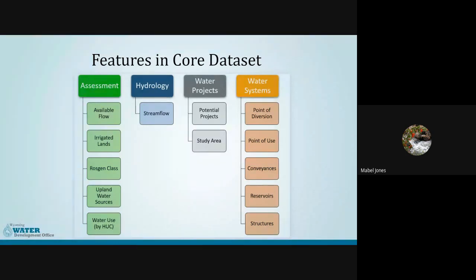This includes information on the existing network to distribute water and includes both the built environment of conveyances and structures, as well as the water rights, place of use, and points of diversion associated with the water use. For your project, only a subset of these core feature classes will be required, and this will be addressed in a few minutes when we share how to access the templates.